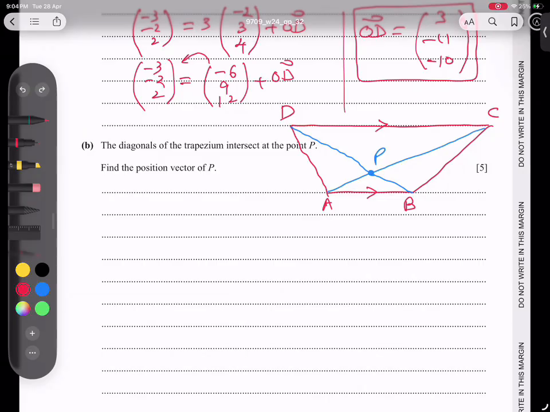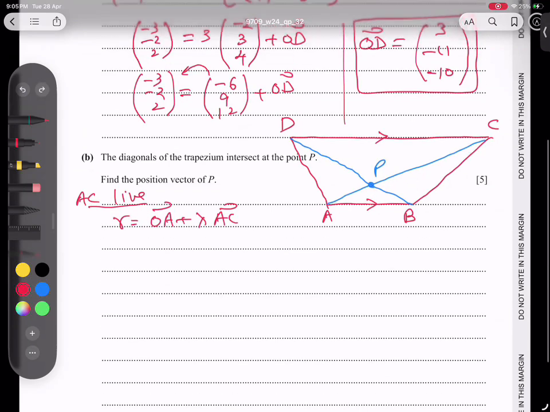So line AC. How to find line AC, students? We have a formula, and line AC, I've just mentioned here. Formula is R is equal to, I must take 1 point from AC. I think I should take OA. And plus lambda times 2 AC. Because if I take OA here, I must take the direction of OC.